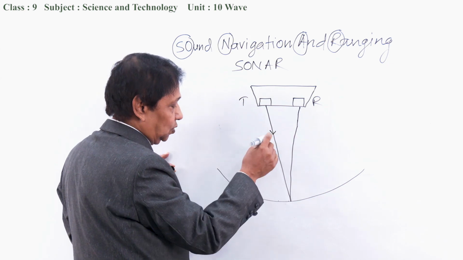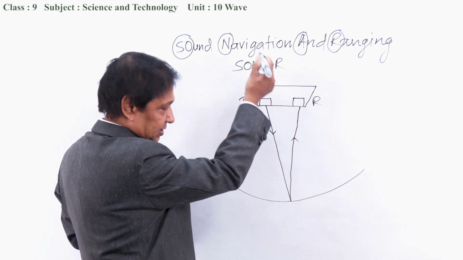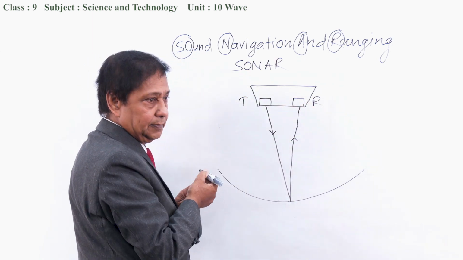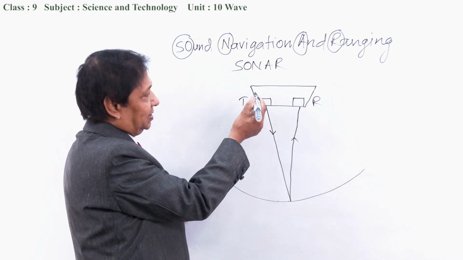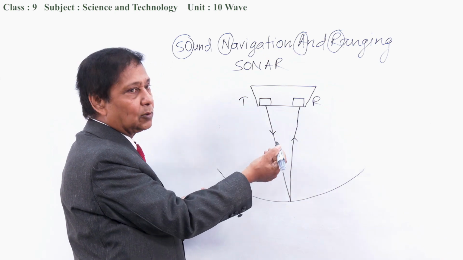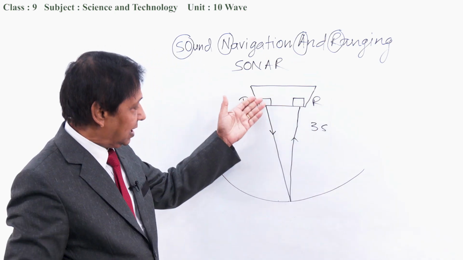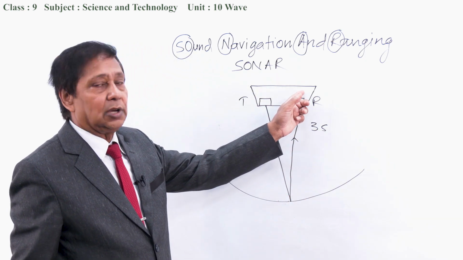Sound first has to go to the seabed, is reflected back to the same place, and is absorbed by this receiver. The time taken by the sound to come back is calculated. Let's say it takes 3 seconds to go up to the seabed and come back to the receiver.